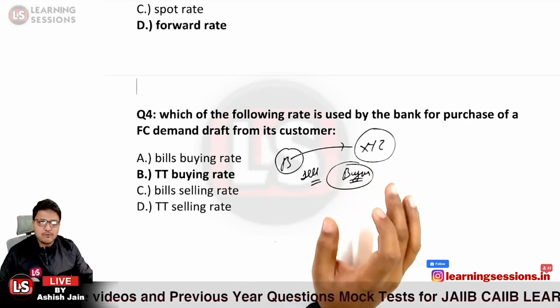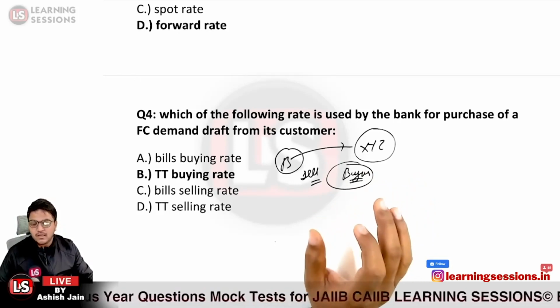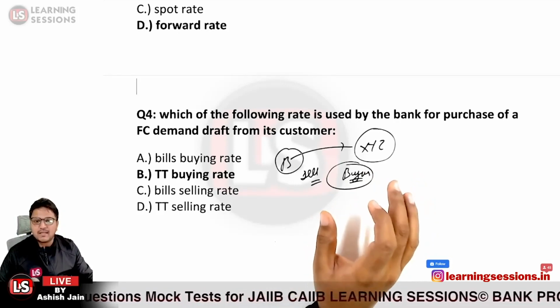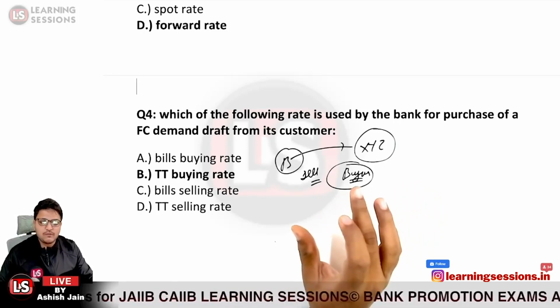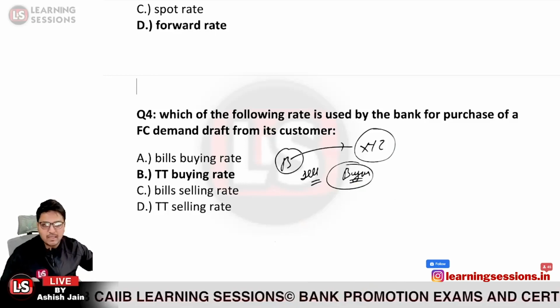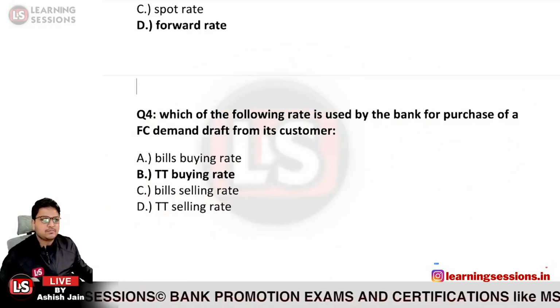Now, what rate shall be quoted? The buying rate shall be quoted, because the rate shall be quoted at which the bank is ready to buy. And as such there is no difference. So it will be the TT buying rate which will be applicable for this transaction.